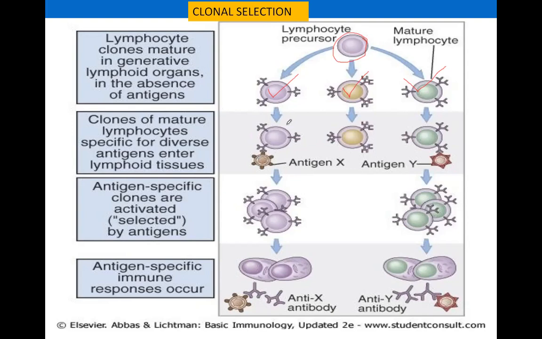These clones of mature lymphocytes, specifically for diverse antigens, will enter lymphoid tissues. Okay? Once there is introduction to a specific antigen, let's take, for example, an antigen X, and here is antigen Y, there are now antigen-specific clones that are activated by your antigens. Meaning, there will be an antigen-specific immune response occurring already.